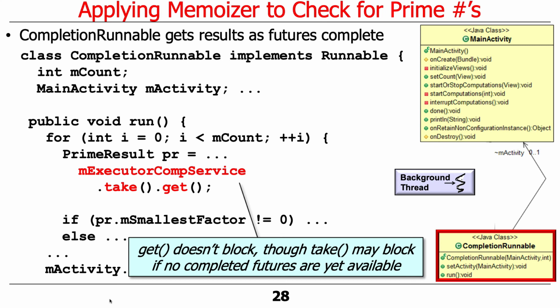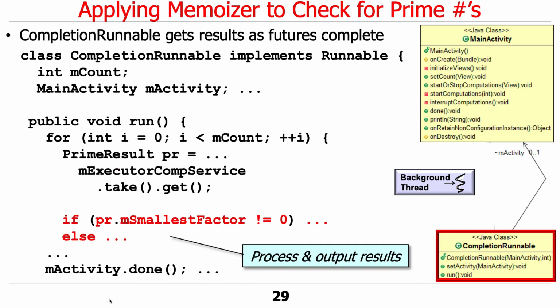So in this context, take might block, but get will not block, because you don't end up in the completion queue unless you're completed. And then after we get the next result, we check to see if it was prime or not, and we print the right output here.